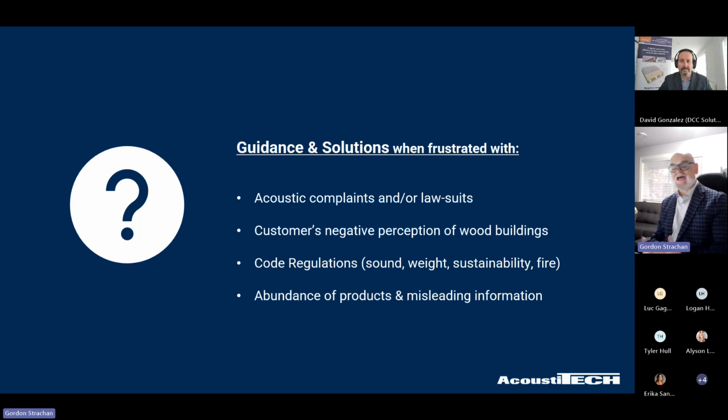One of the most important facts that we probably bring up during this presentation is this point. There are so many products on the market, many of which just state they have an IIC or an STC or even a LEED association. All of these things that products cannot have on their own, yet they tend to be marketed that way. So we'll touch on quite a bit of this as we go through the presentation.